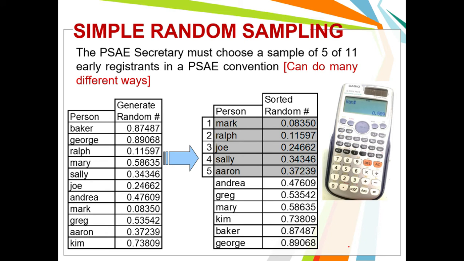Another possible method or another option is yung paggamit ng random numbers. Okay? So example, the PSAE secretary must choose a sample of 5 out of 11 early registrants in a convention. Okay? So pipili ng 5 out sa 11 na mga early birds sa isang convention. So paano niya pipiliin?